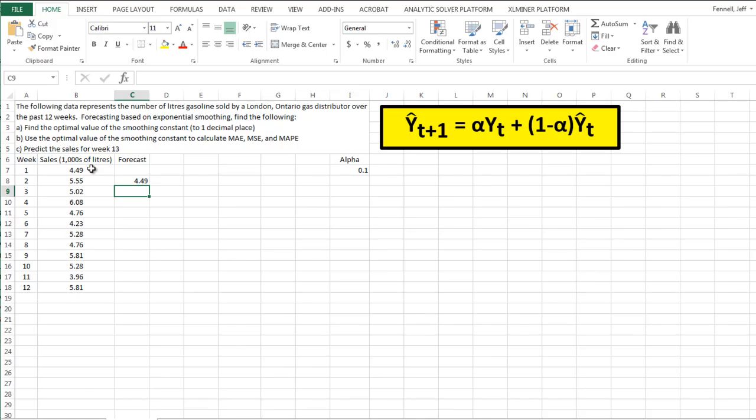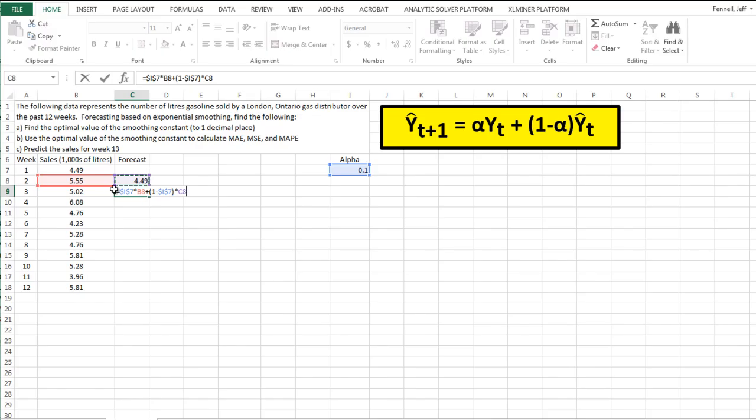But now for every subsequent period that we have, we want the prediction for period 3 to be alpha. And remember, I always want to reference back to this cell, so I want that absolute reference. So alpha times the actual sales for period 2 plus 1 minus alpha, and again, I want that absolute reference back to that cell, times the predicted sales for period 2.